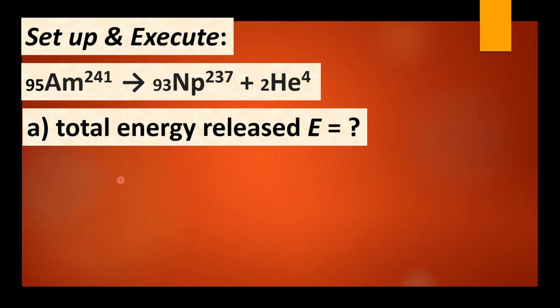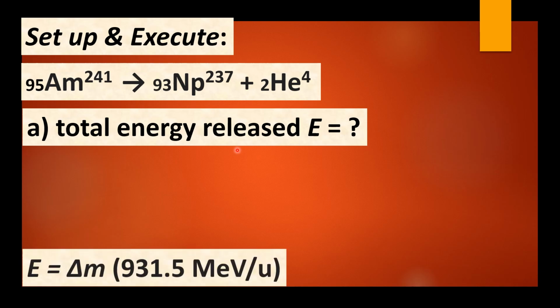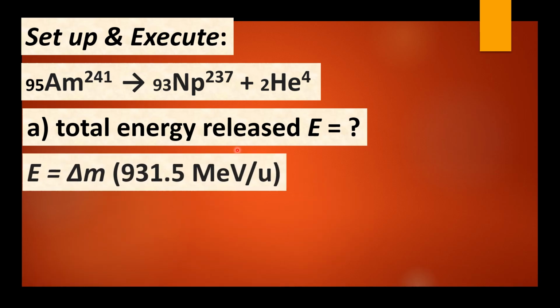To calculate the equivalent total energy released, we simply multiply the mass defect delta M by the conversion factor 931.5 million electron volts per atomic mass unit.